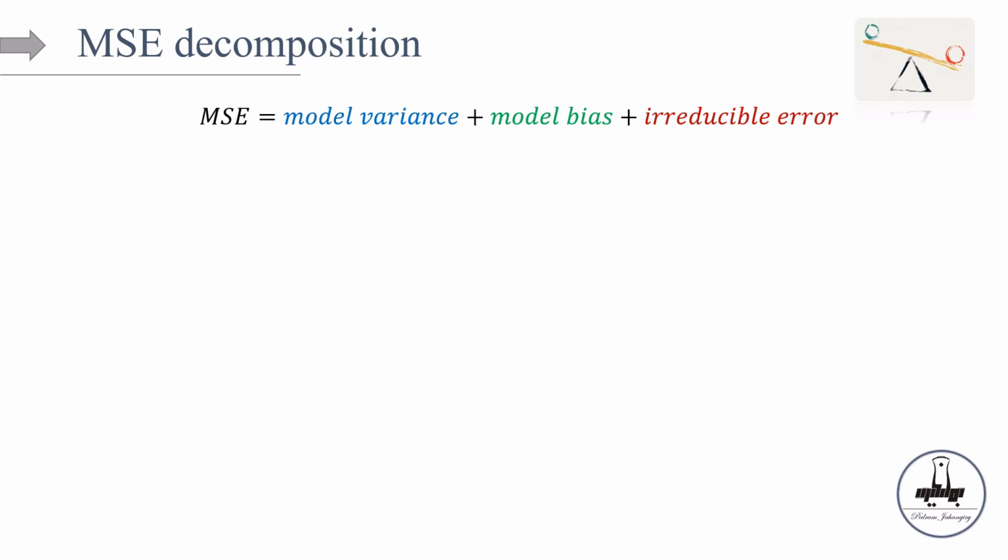Okay, now let's see how we can quantify the bias variance trade-off by looking at MSE decomposition. We can mathematically show, and this is what I'm going to show you in the next slide, that mean squared error consists of three parts: model variance, model bias, and the irreducible part.